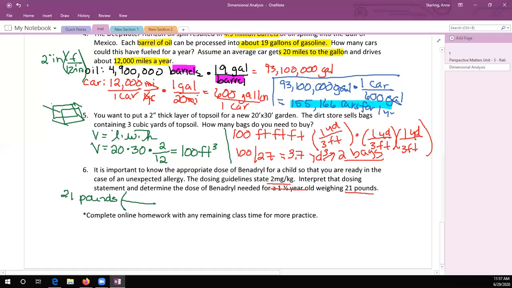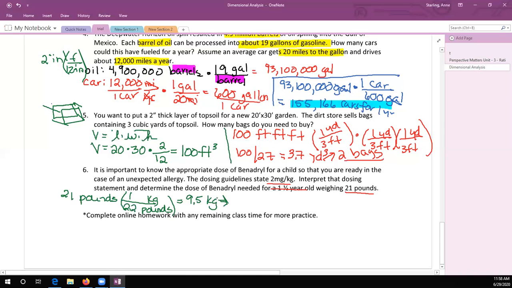So we need to convert this into pounds per kilogram, because that'll give us our kilograms. And our conversion is that 1 kilogram is 2.2 pounds. So this child weighs 9.5 kilograms.